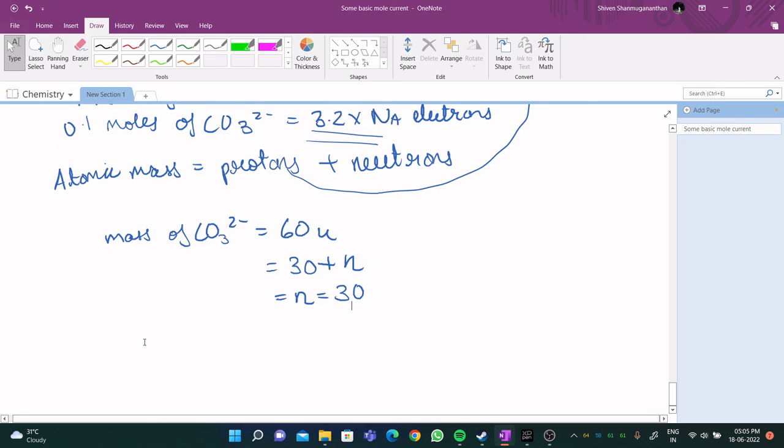But that's 30 neutrons in one molecule. So 1 mole of CO3 2 minus will have 30 into Na neutrons.